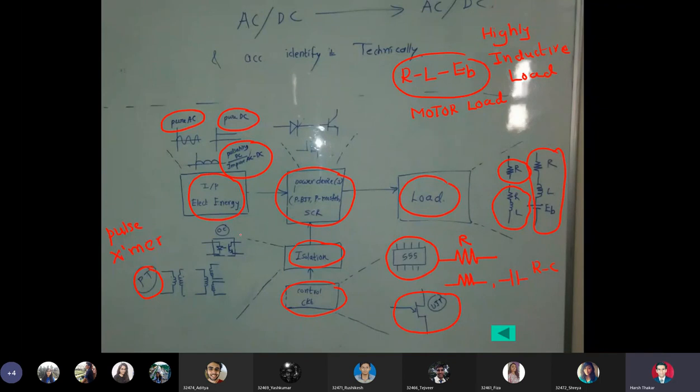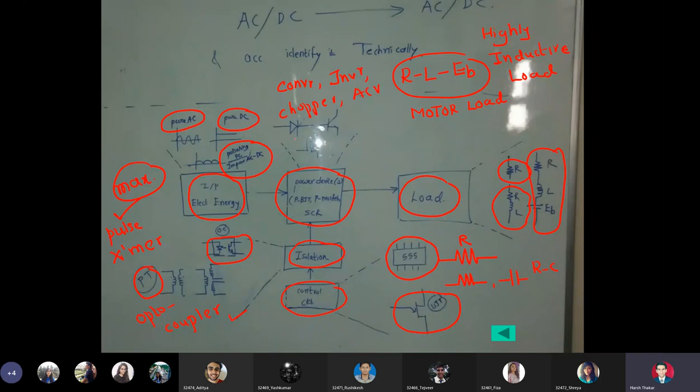Or we can have an optocoupler, that is a combination of one LED and a phototransistor. So mostly in our power electronics kits, the pulse transformer is maximally used, and in one place I will tell you that an optocoupler is used. These are the different things. And power devices, as I told you, depending upon whether it is a converter or inverter or chopper or AC voltage controller, we can have different devices here.